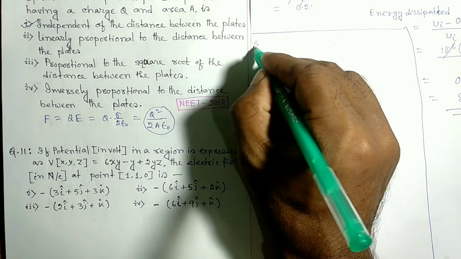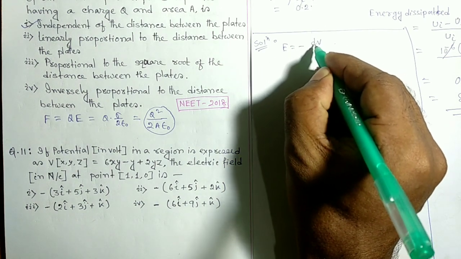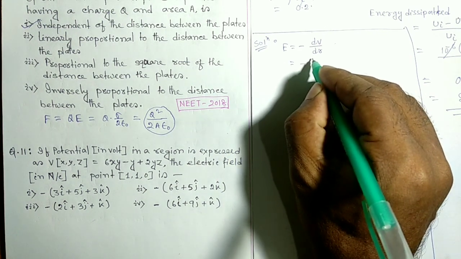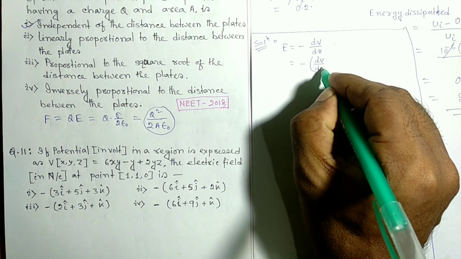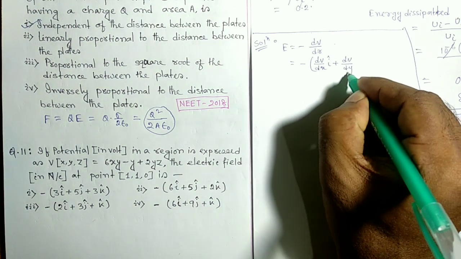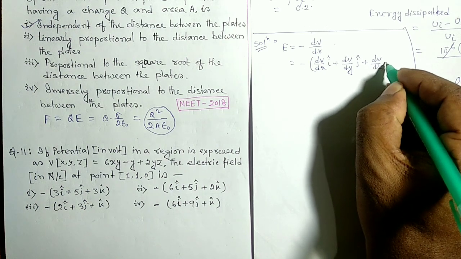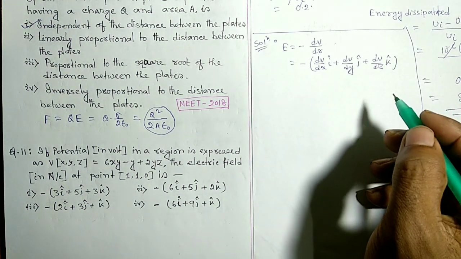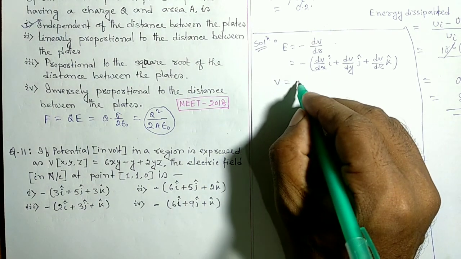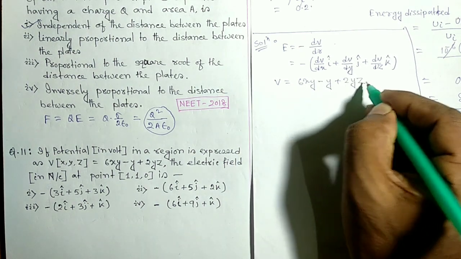So here we know that E is equal to minus dV by dr. It is equal to minus dV by dx i plus dV by dy j plus dV by dz k. Now V is equal to, as given in the question, 6xy minus y plus 2yz.